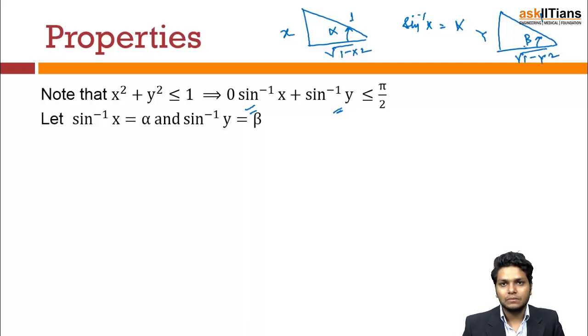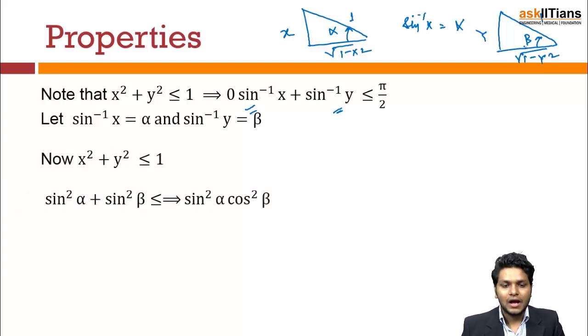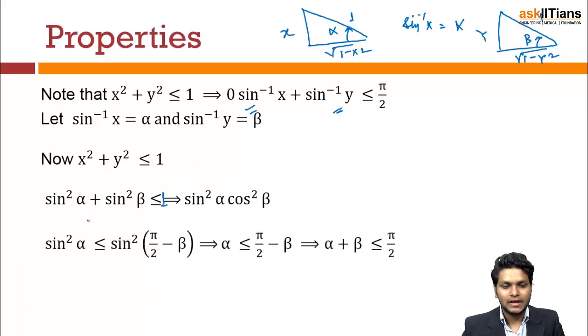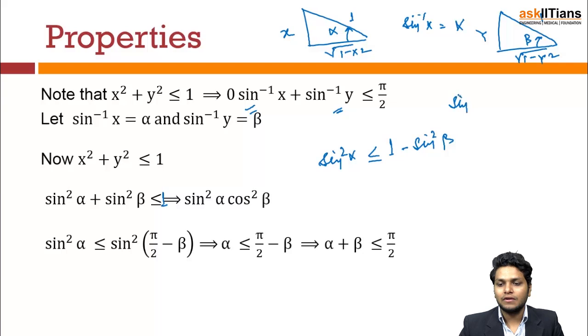Now sine inverse x becomes alpha, sine inverse y becomes beta. If x square plus y square is less than 1, then I'll have sine square alpha plus sine square beta less than 1. Moving sine square beta to the other side, this becomes 1 minus sine square beta. Now sine square alpha is less than cos square beta.